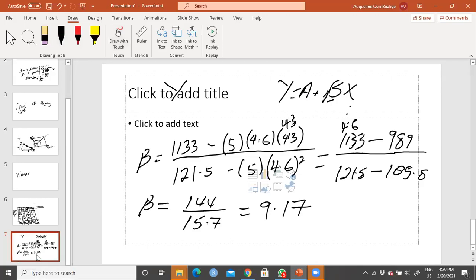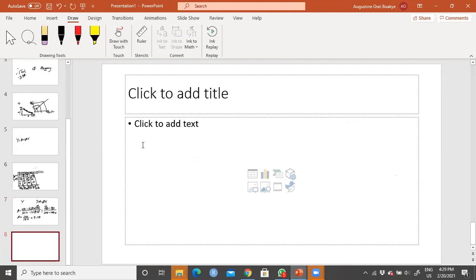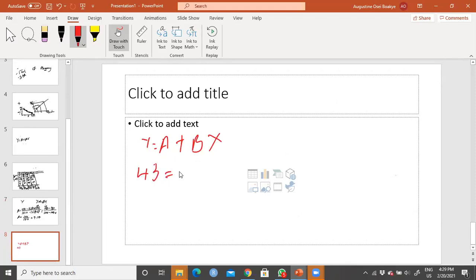Let's quickly put it into the formula. The formula is y is equal to alpha plus beta x. Now we know y to be what? 43. Is equal to alpha plus, and we know b to be what? Is it 9.17?